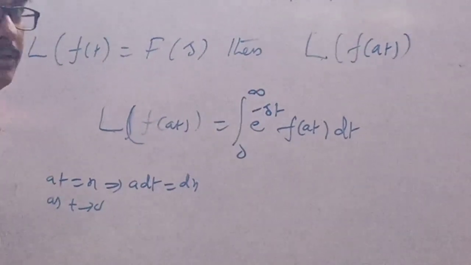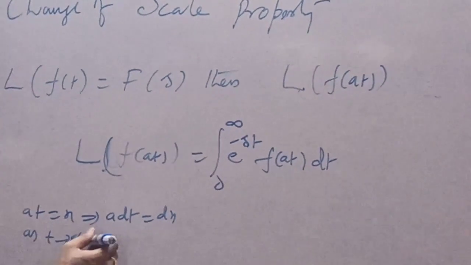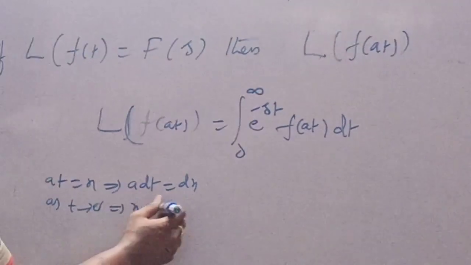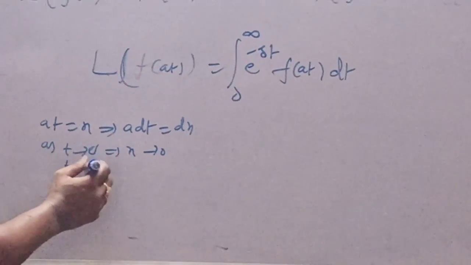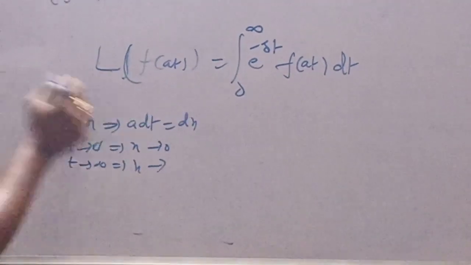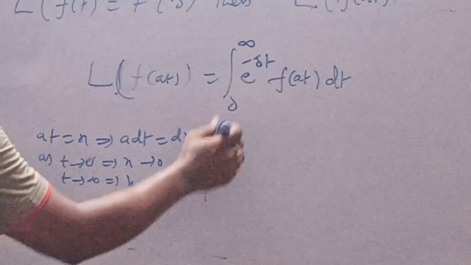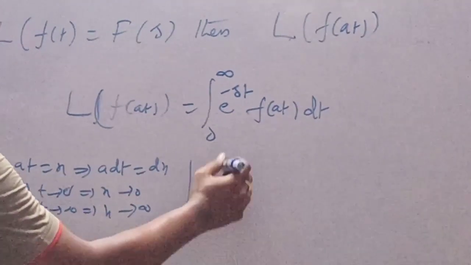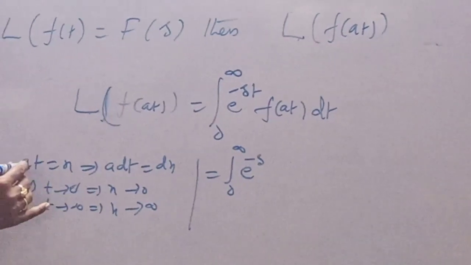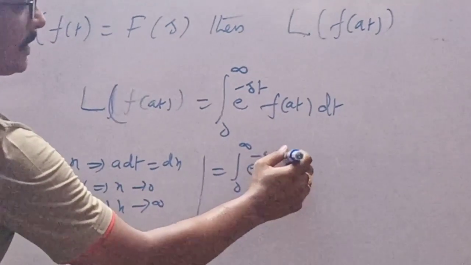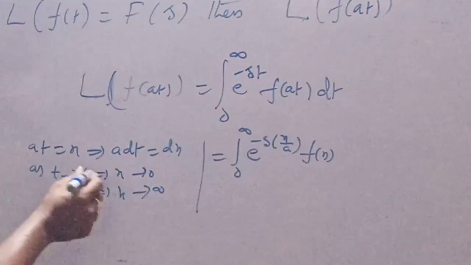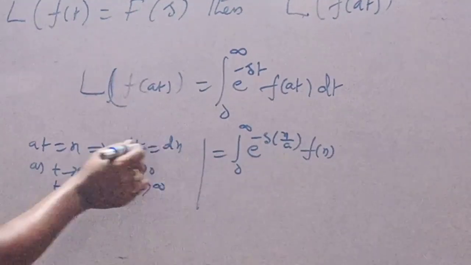Change the boundary values: as t tends to 0, x tends to 0, and as t tends to infinity, x also tends to infinity. So this becomes the integral from 0 to infinity of e to the power of minus s into x by a into f of x into dx by a.